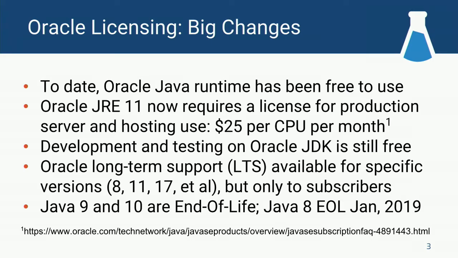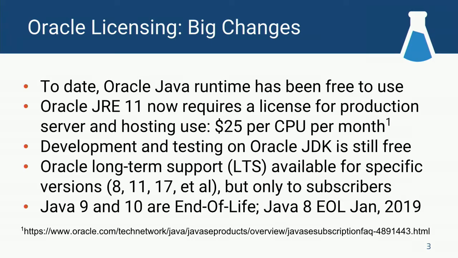They're changing that. They're going to require a license fee, starting with Java 11, which again came out last week. So if you download the Oracle version of Java and use it for any production purpose, you need to pay a license fee to Oracle.